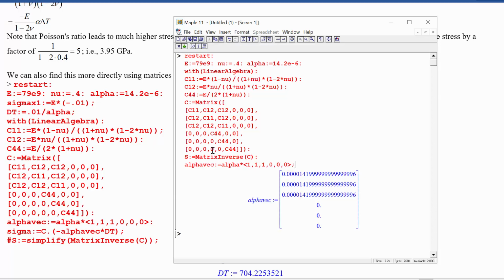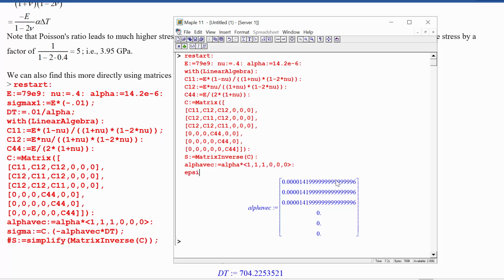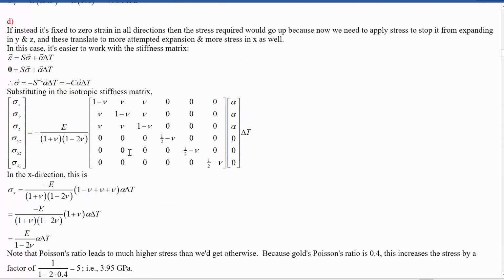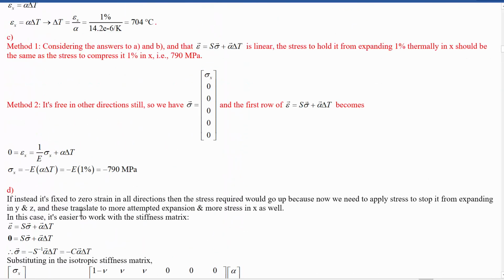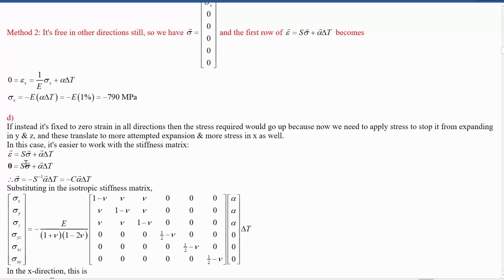That's going to make a vector, which is equal to alpha in the first 3 components and then 0 otherwise. Now what we can do is figure out what the stress would be if all of the stress components are 0 except for the first one.